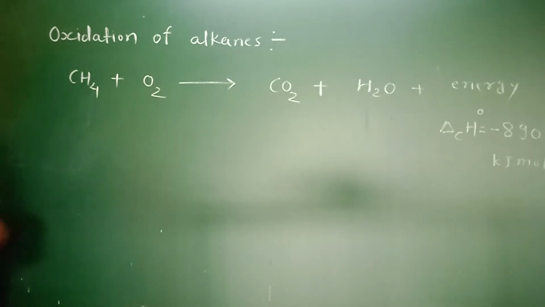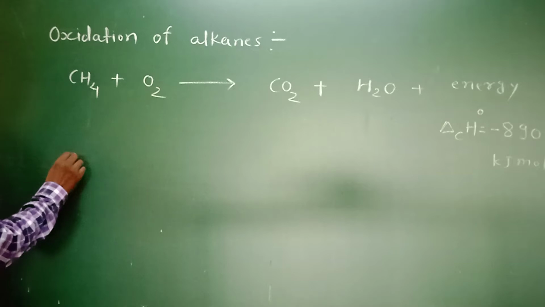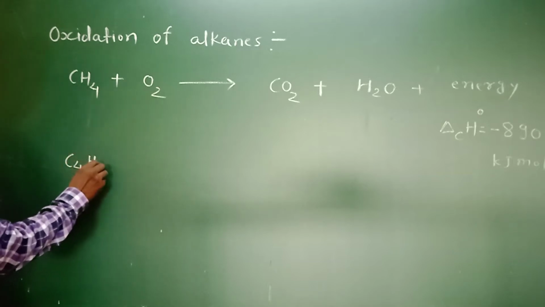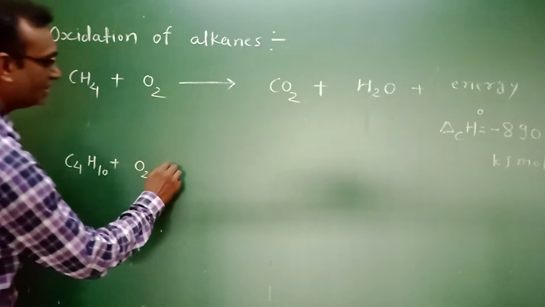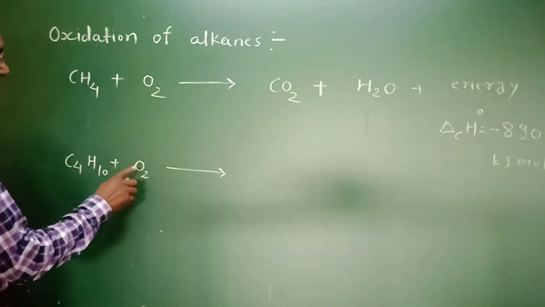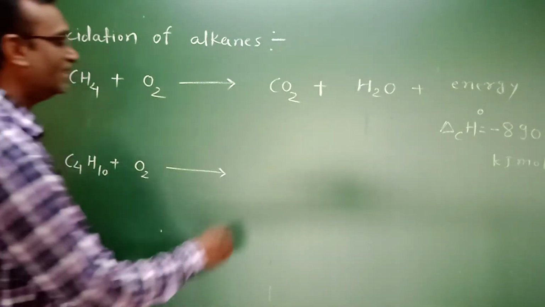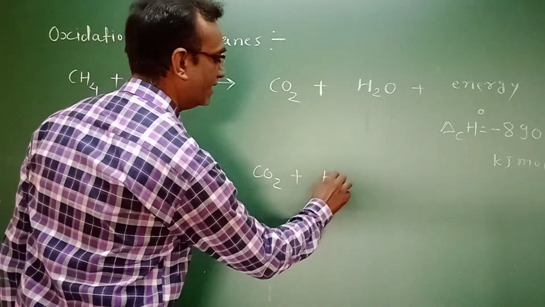We can take another example also. If we write C4H10, and heat it in air, this butane or n-butane will react with oxygen present in air to form CO2 and H2O.